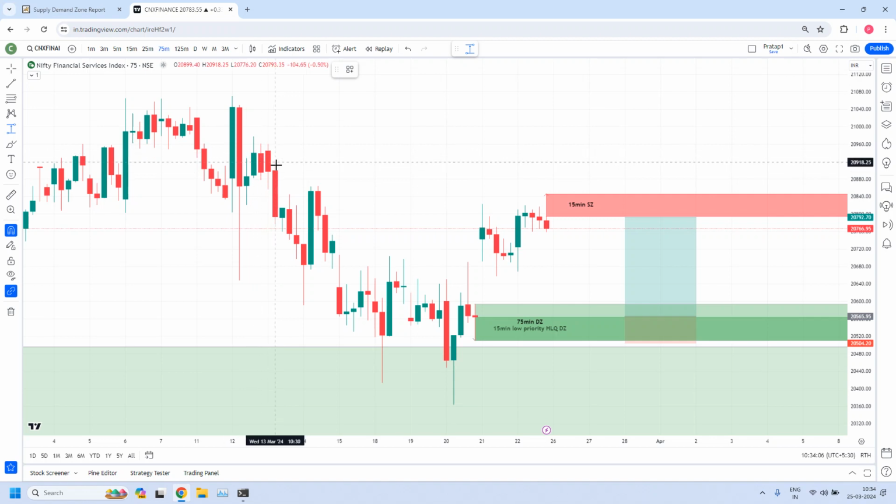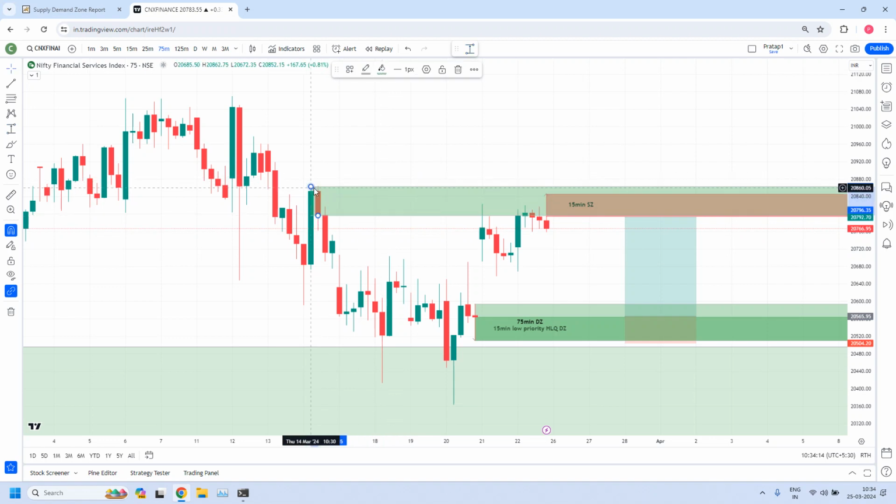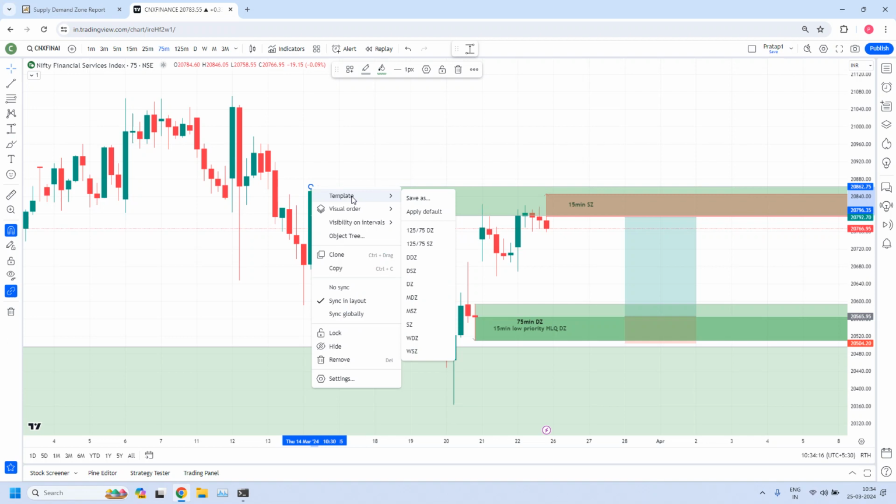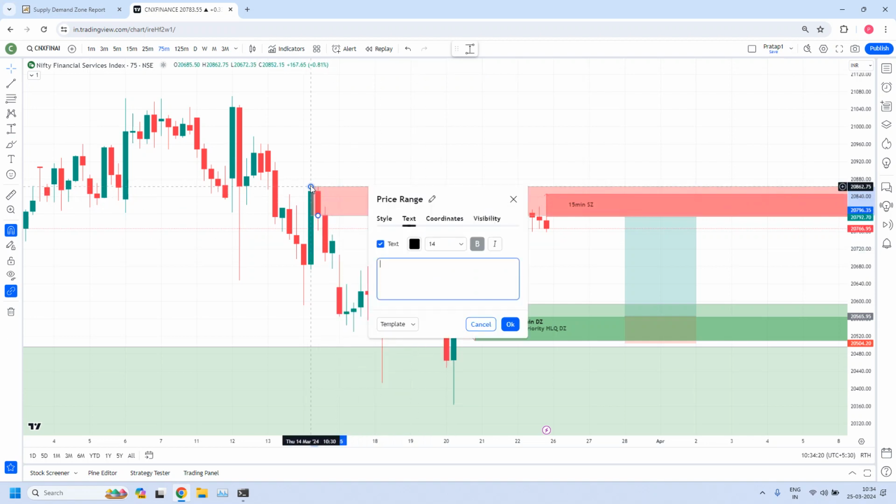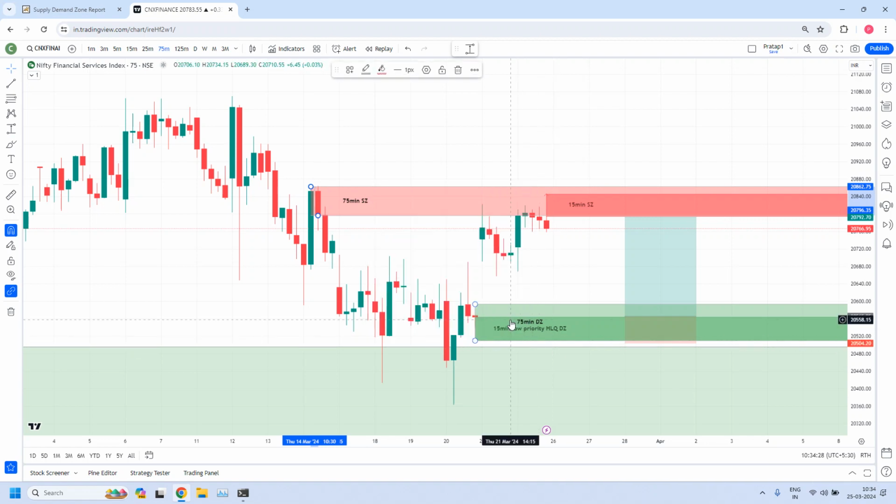After that, one more and drop. But anyway, this is okay. It doesn't make a difference. This is the 75 minute supply zone. Okay, we have now identified all the zones.